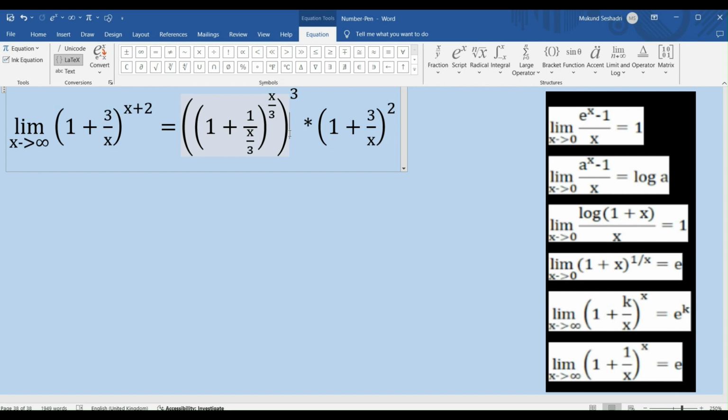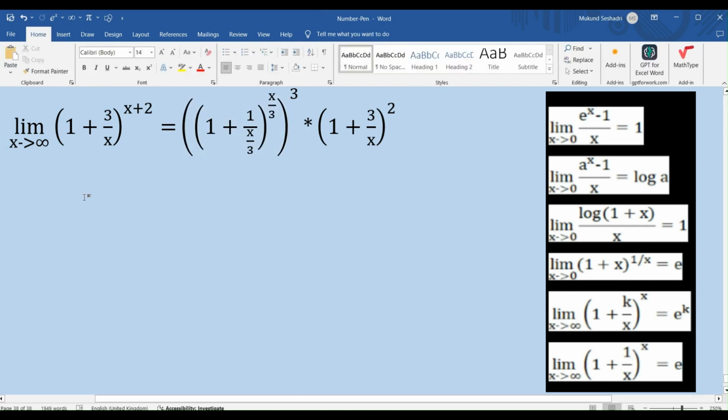And if I treat my x as x by 3, which will also tend to infinity, I can do a substitution x by 3 equals y and rewrite this expression, right?